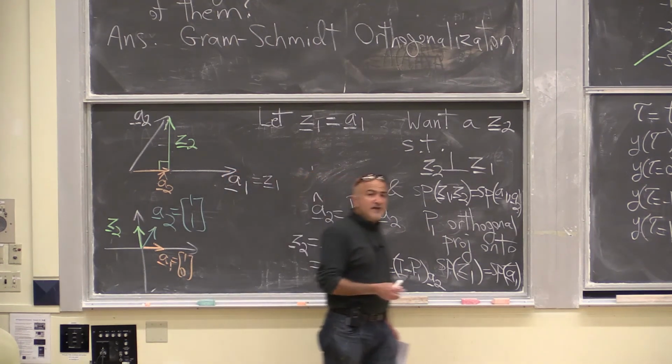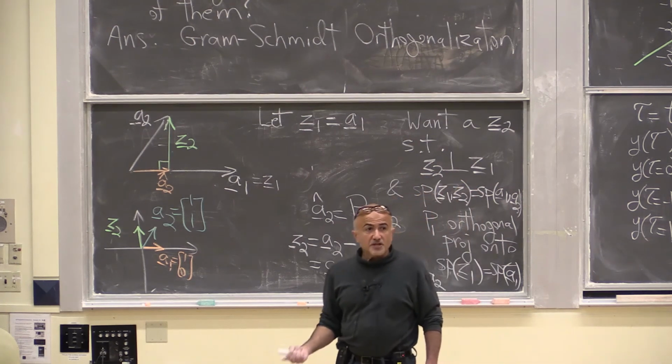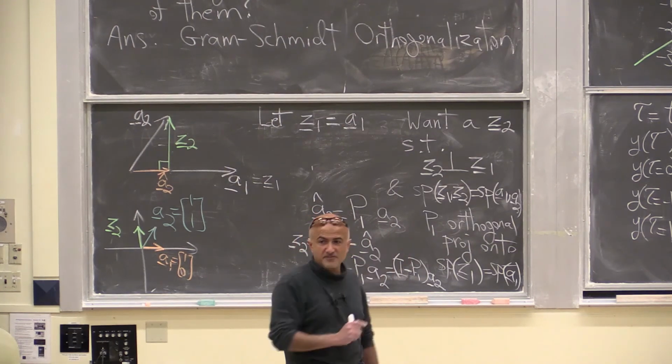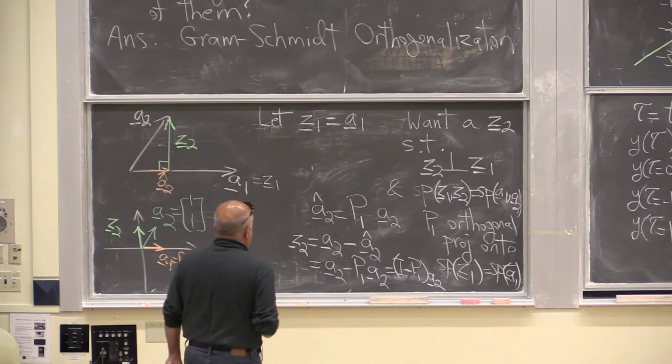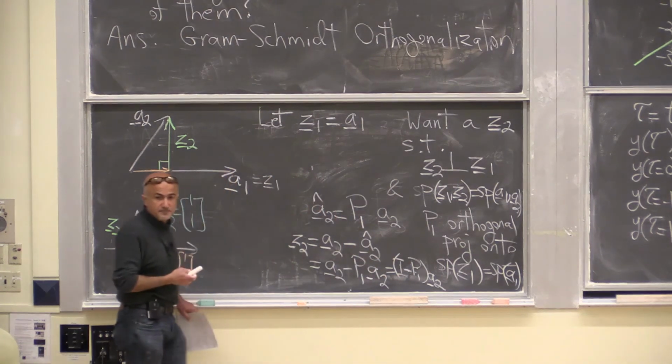So anytime you have an orthogonal projection onto a subspace, there is a complementary orthogonal projection that takes you to the orthogonal complement of that subspace. And that projection is given by the identity minus whatever projection you used.